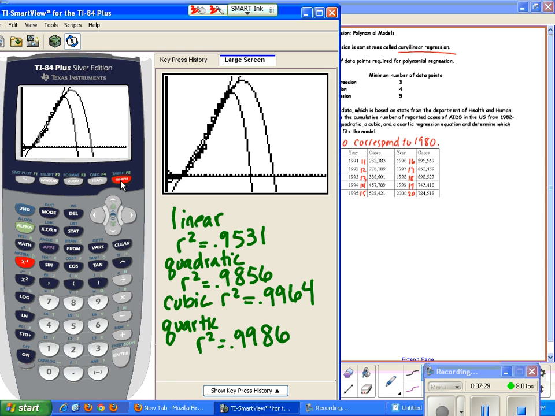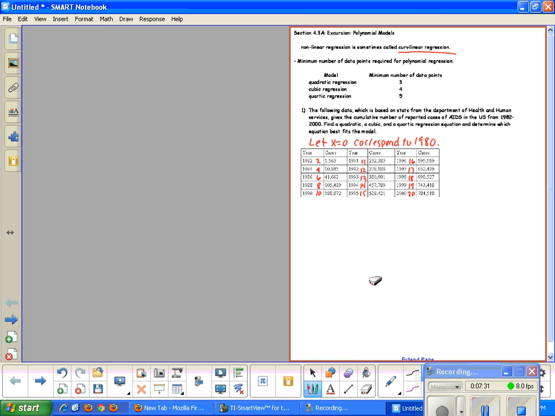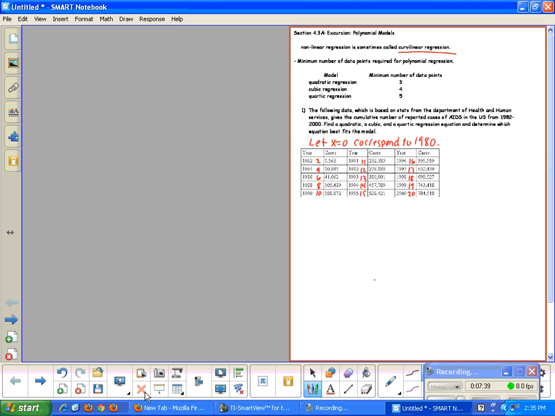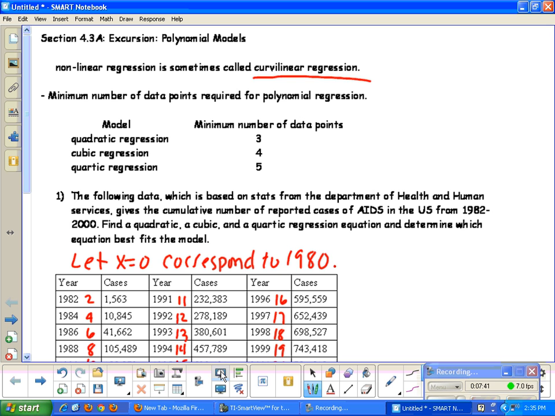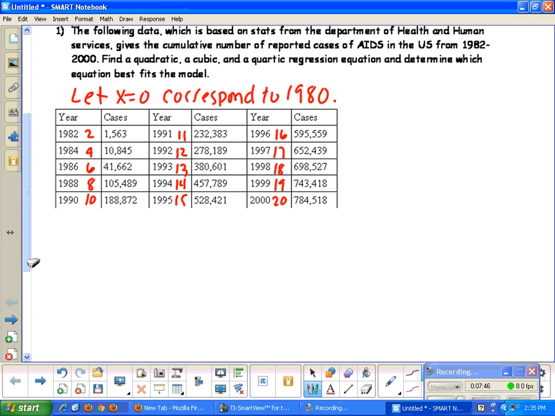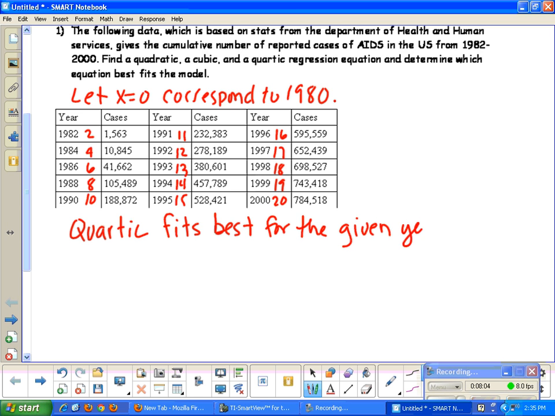So according to our R squared value, if we go back to here, the quartic model fits best for the given years.